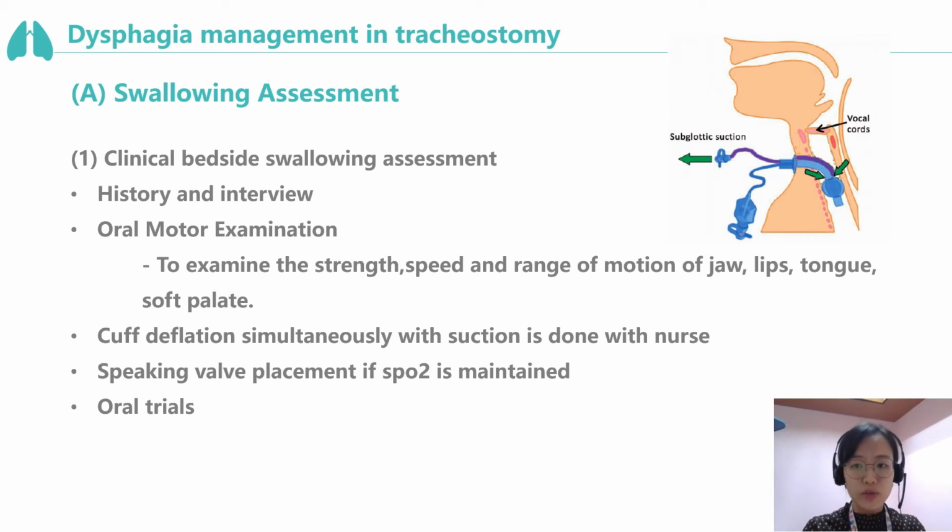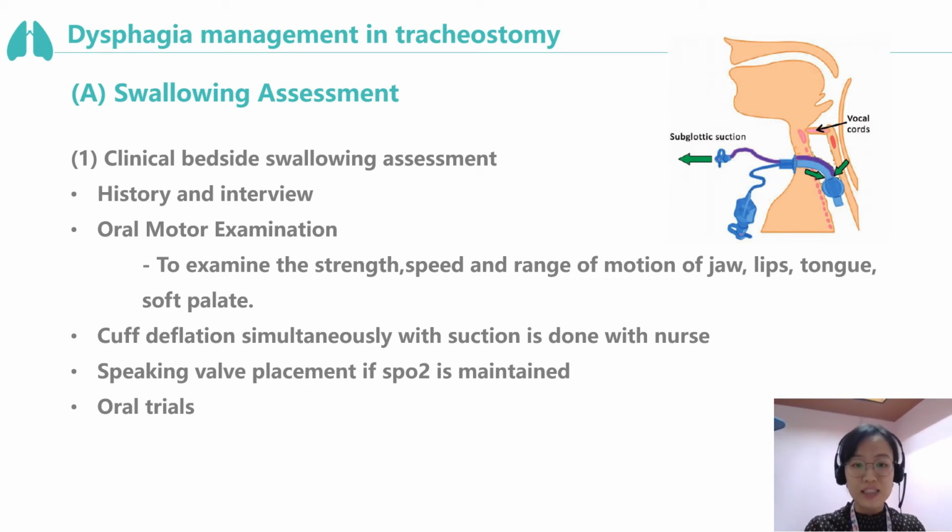If we straight away deflate the cuff, the secretion may go straight into the lungs. Aspiration happens. So while deflating the cuff, the nurse can do the suctioning, or do the suction before deflating the cuff. Okay, we will monitor the SpO2.